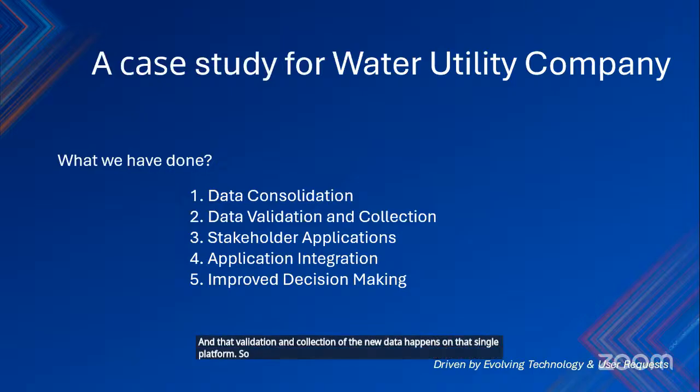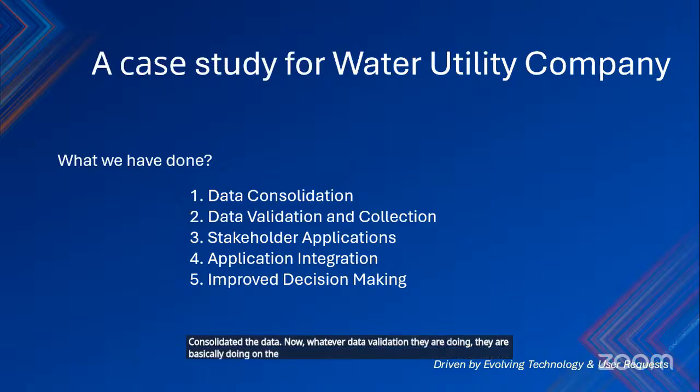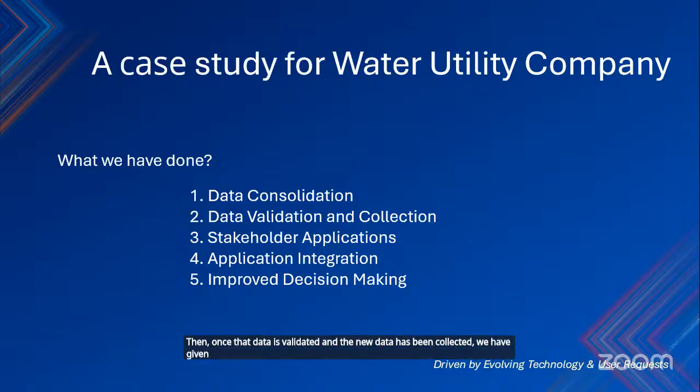Since we have consolidated the data, whatever data validation they are doing, they are doing on the same data. It is not happening again in different departments. It is happening at the centralized database. Then once that data is validated and the new data has been collected, we gave them various stakeholder applications, because they have different departments.